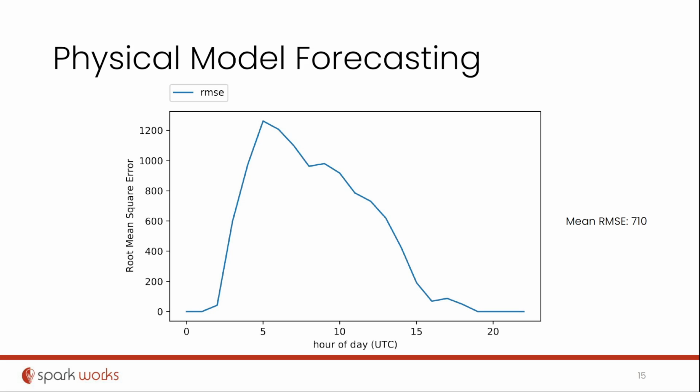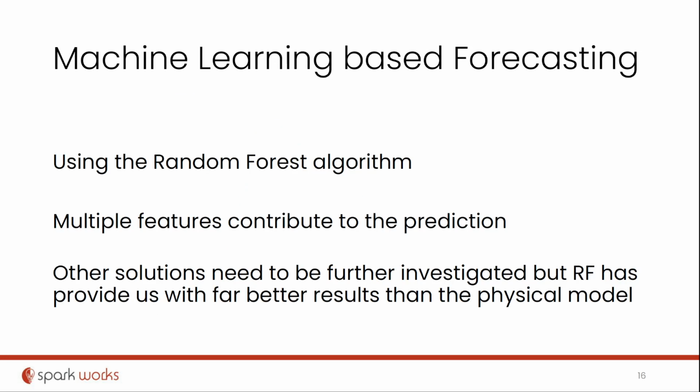So in order to see if the problem is generated from our model or from the weather prediction or something else, we also used a machine learning based model in order to forecast the same data.